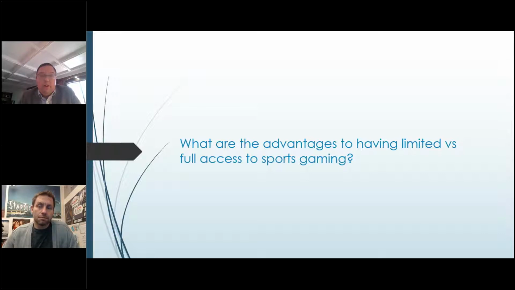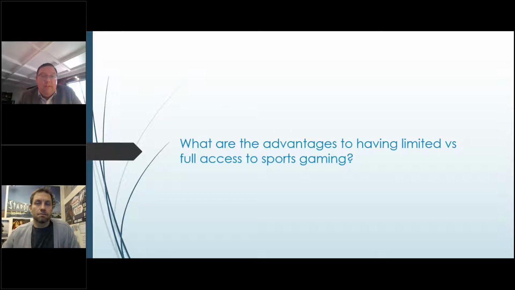So yes, there are reasons to go with a limited access model. There's also a compelling argument to go to an open access model, and I think based on what we know, these are the discussions that are happening in state legislatures right now.